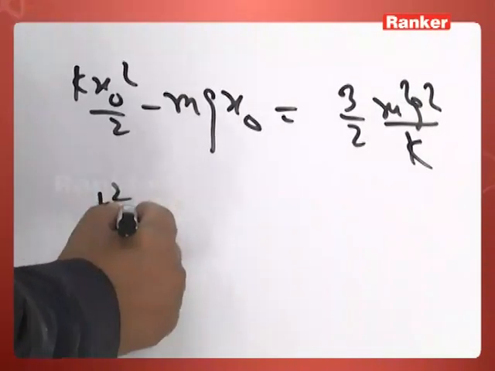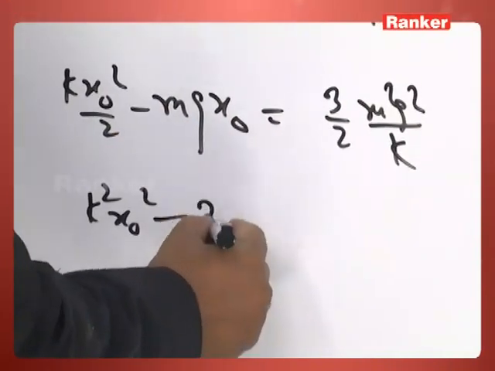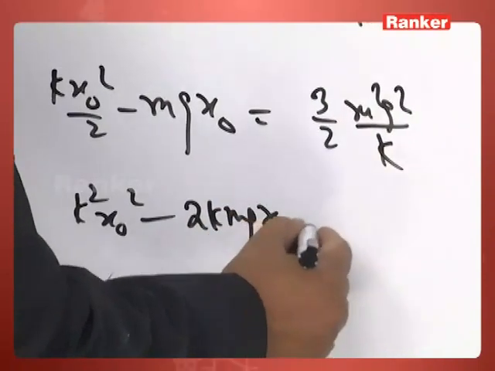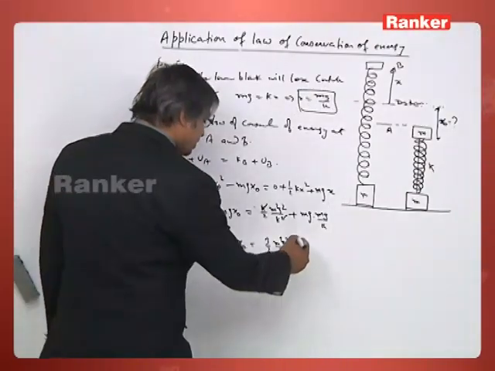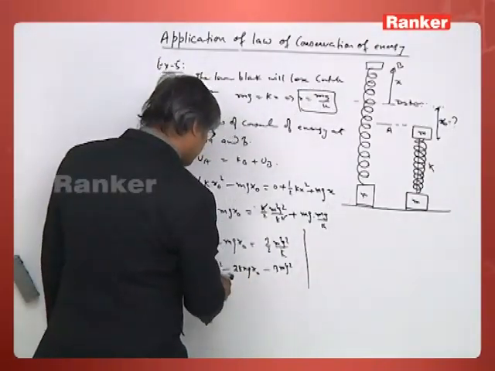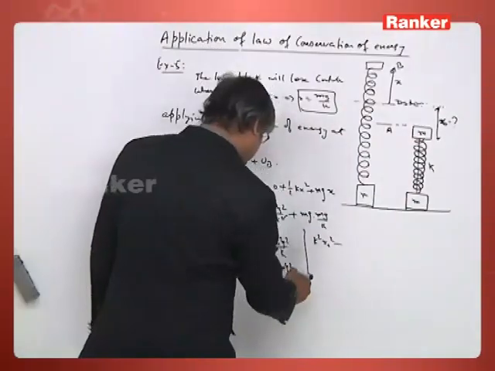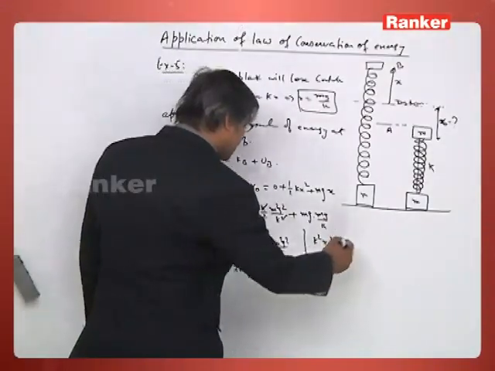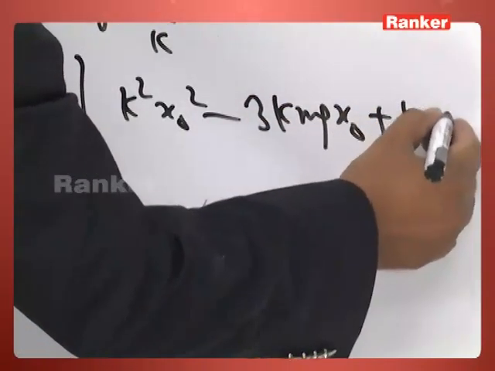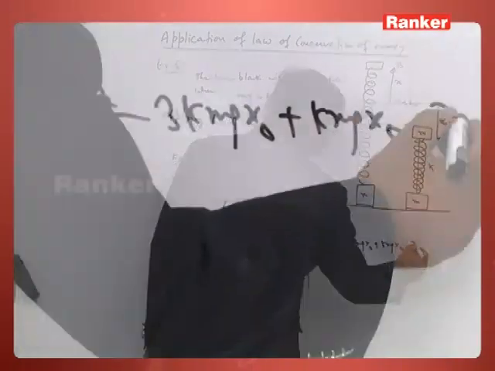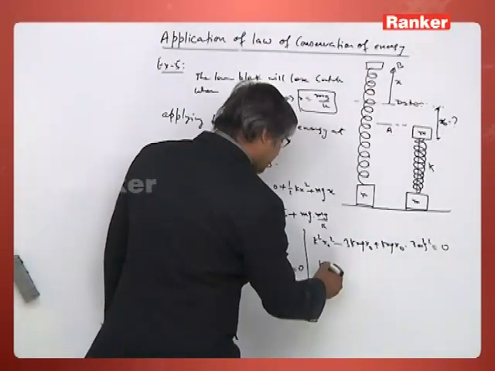So we will have k square x naught square minus 2k mg x naught minus 3m square g square equal to 0. Again you can see this is a quadratic. So I can write it as k square x naught square minus 3k mg x naught plus k mg x naught minus 3m square g square equal to 0. So I can take k x naught common.